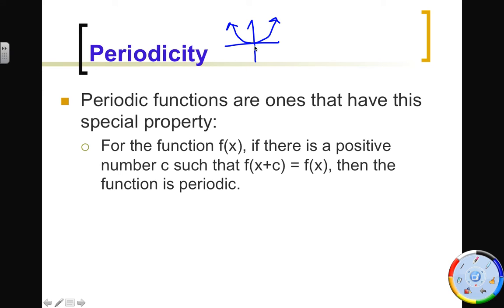If I shifted it to the right 5 units, and it comes over here, is that the same exact function as before? Of course not. All right, what if, like a cubic, if I took a cubic and I shifted it right or left, it's not going to come back to the same function. Now, this is kind of weird because we've never dealt with a function like this before.